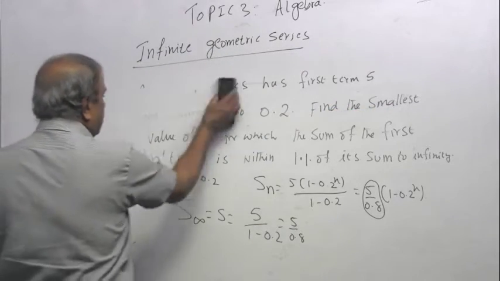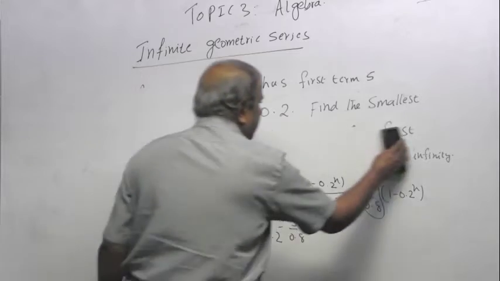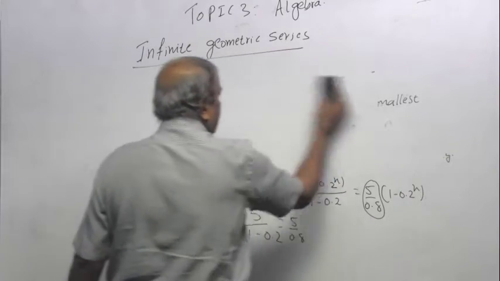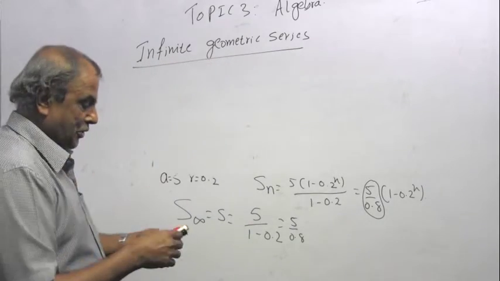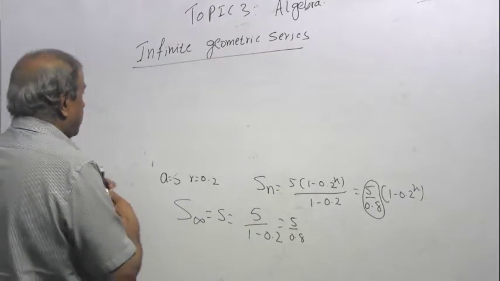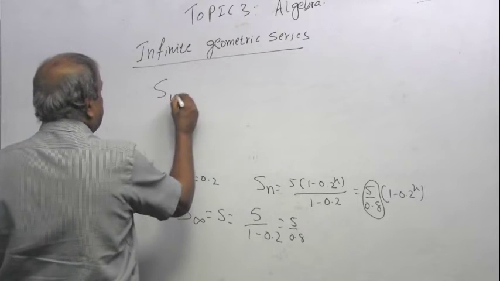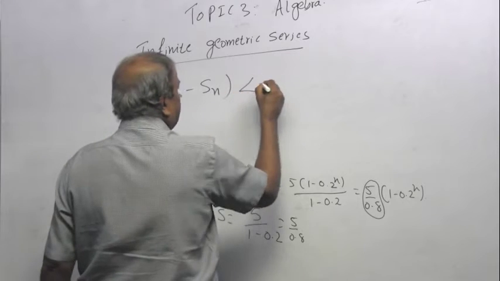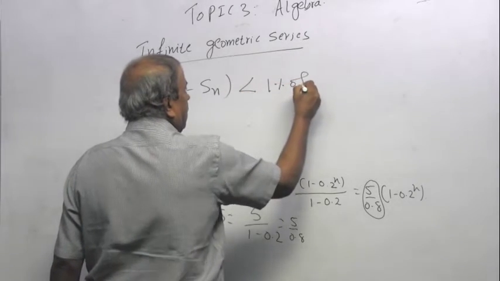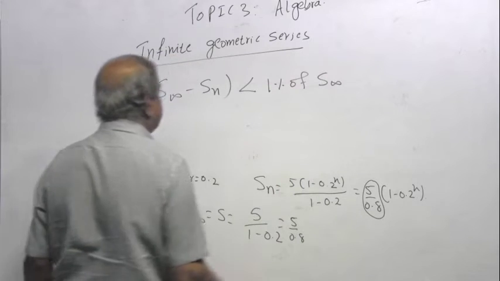So therefore, I have to rub this off, sorry, because I should have written the question on the side. As usual, as I make up my question, I just continue. So therefore, the sum to infinity minus the sum to n terms is less than 1% of the sum to infinity.